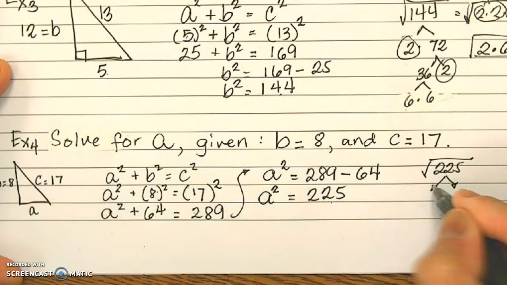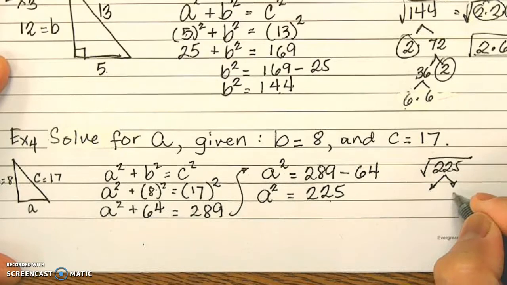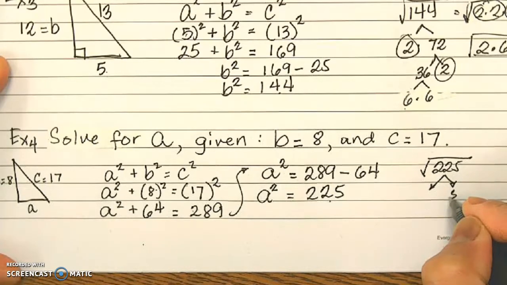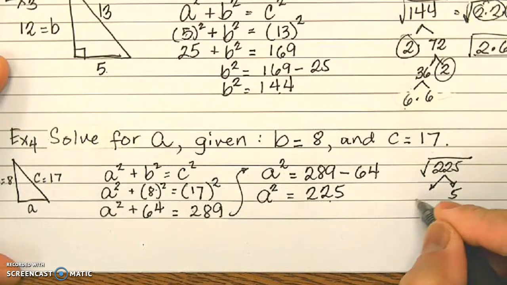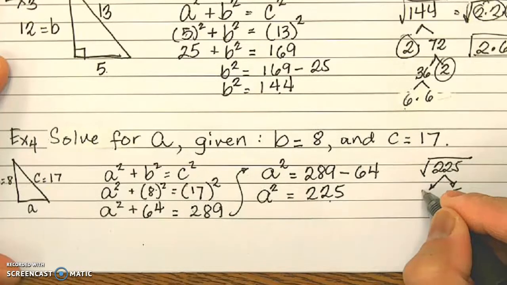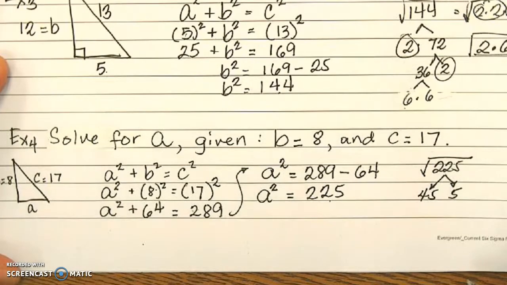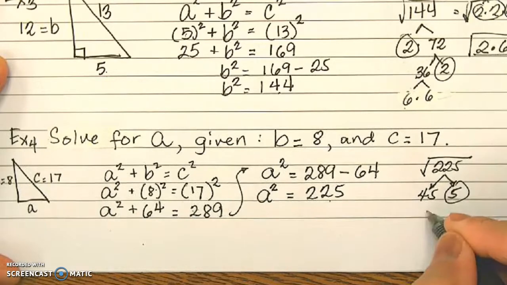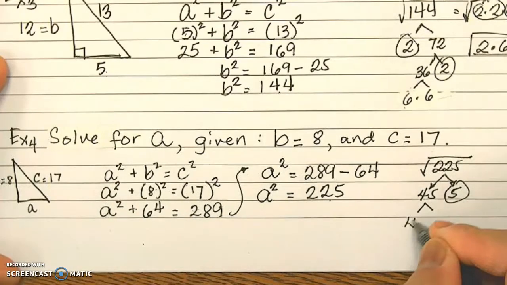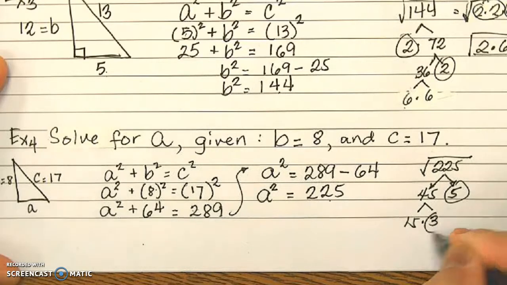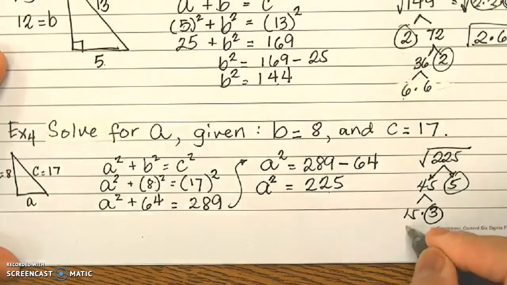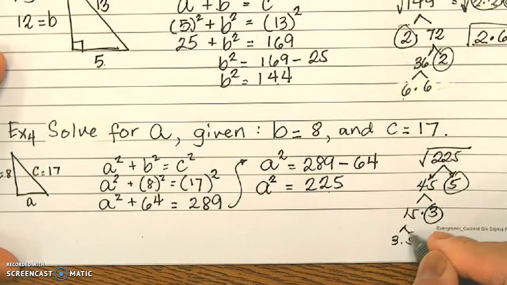It is divisible by 5. And I think this is 45. 45 is 15 times 3. And 15 is 3 times 5.